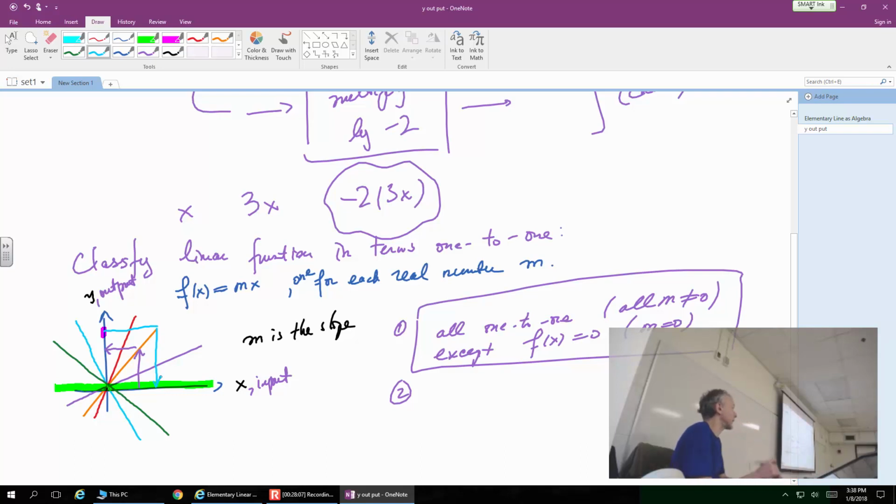For each y, I can find x, with no ambiguity. So if I start with y, I can find x, as long as it's not horizontal. Because if it's horizontal, then each input gives you 0, so that's not one-to-one. Okay, now what about onto?